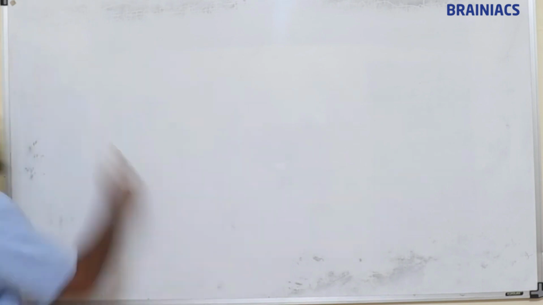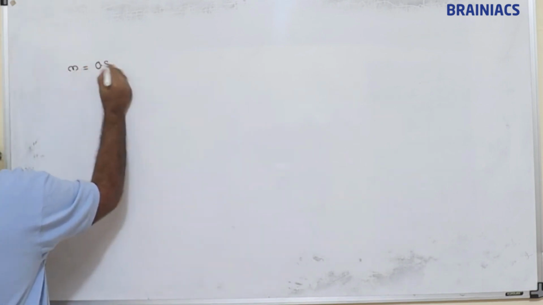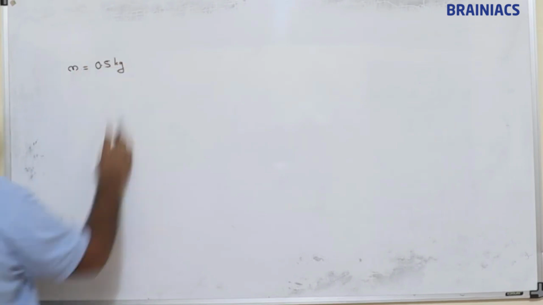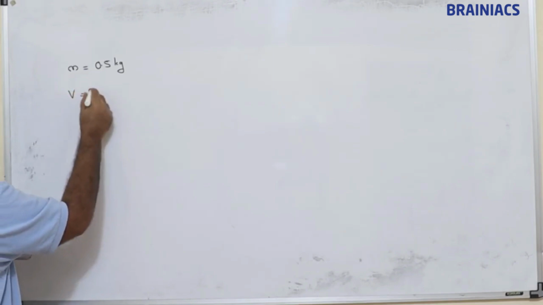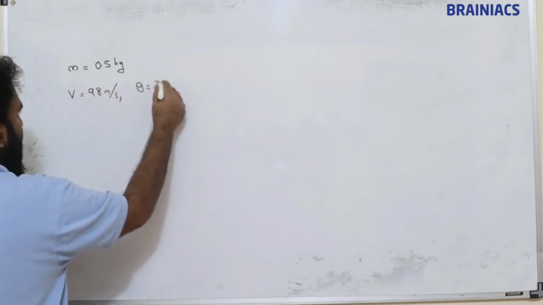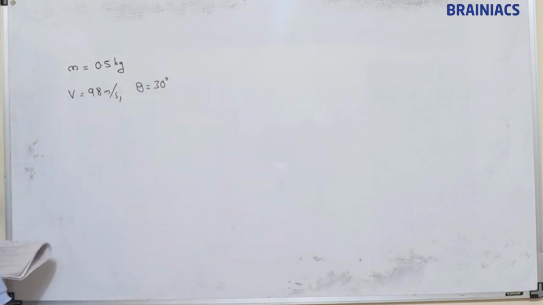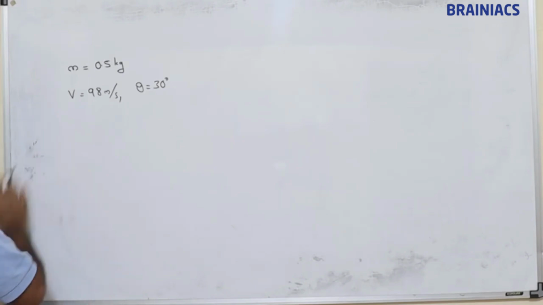So they have given mass is equal to 0.5 kilogram. Then it is projected with a speed of 98 meter per second at an angle theta equal to 30 degree. What is the change in momentum?